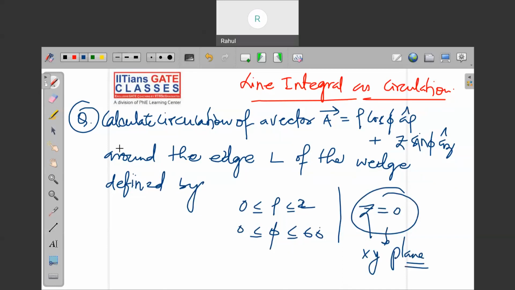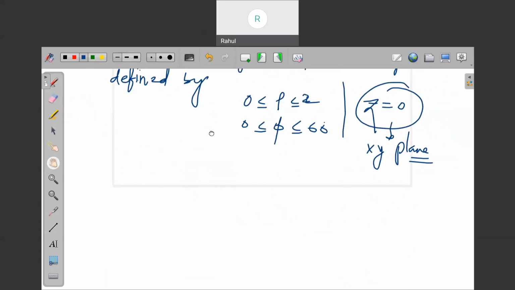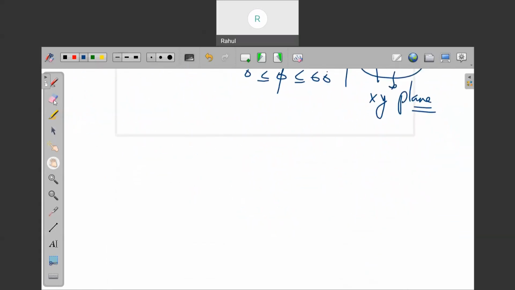And the contour, this edge L, they have given like this. So let me draw that as well. Let me take this line here. This kind of thing they have mentioned. Here to here and here to here, this is rho.